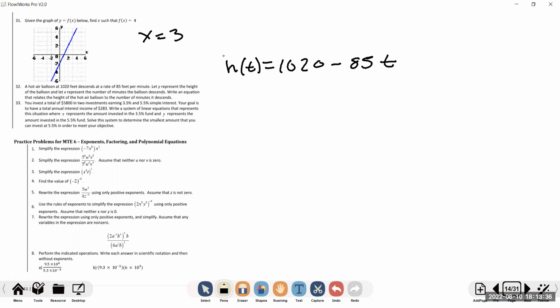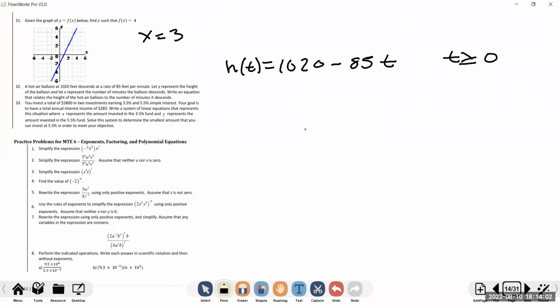We just did that, the height at time t, and t has to be greater than or equal to 0 is the implied domain here, since time is never negative. We'll talk more about domain and range when we talk more about functions in MTE 7, 8, and 9.